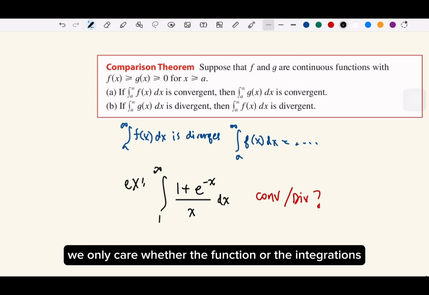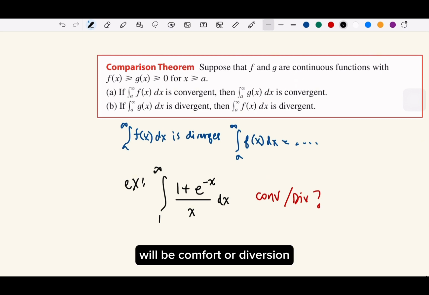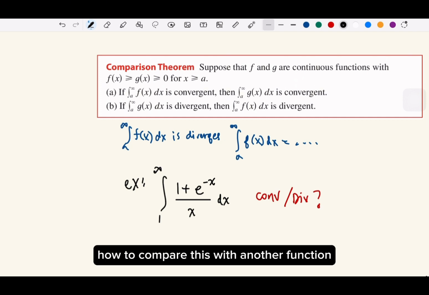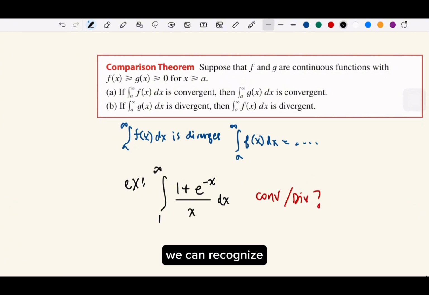We only care whether the integral converges or diverges. So what we need is to compare this with another function. We need to find another function that we can easily recognize as convergent or divergent.